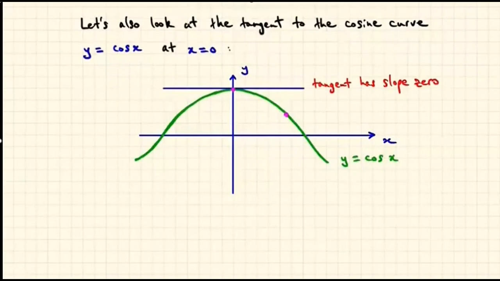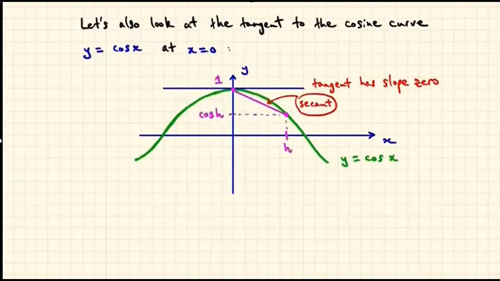Join the point at the apex on the y-axis at y equals 1 to some other point of the curve, forming a secant. The new point has coordinates h on the x-axis and cos h on the y-axis. The secant is sloping downwards.